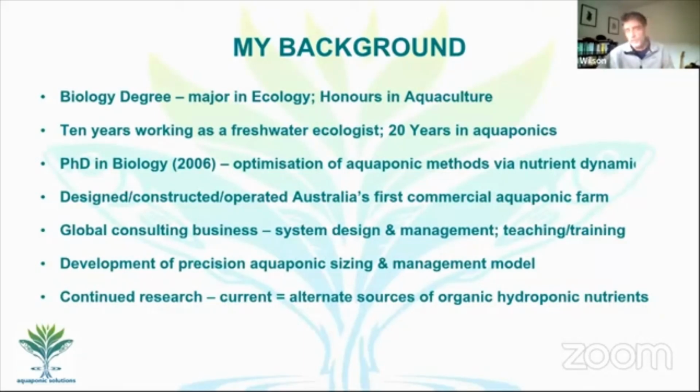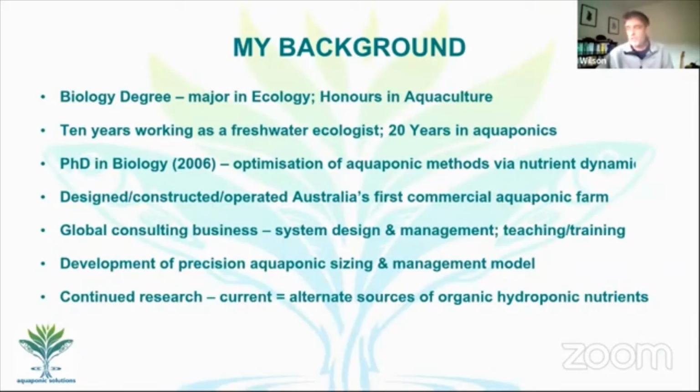So I thought if I can find the correct balance and cut down the fish component as much as possible, it removes a lot of the capital expenditure and the ongoing operational cost of the fish component, and you still get the same plant outcome. To me, that made economic sense, because even in a normal commercial aquaponic system, 80+% of your income actually comes from plants rather than from fish.